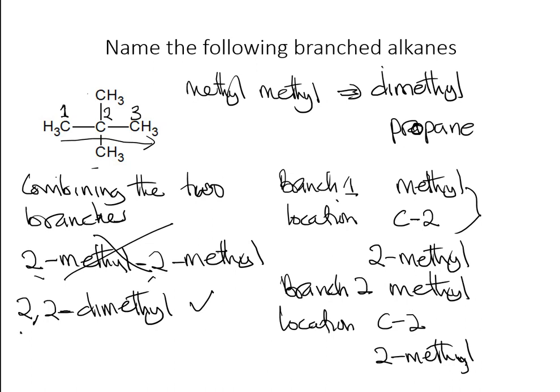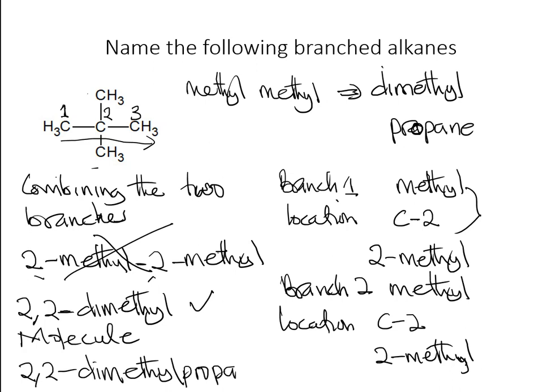Now the whole molecule is 2,2-dimethyl propane. So that's the name of the whole molecule, 2,2-dimethyl propane. It means we have 1 methyl at carbon number 2, and we also have another methyl at carbon number 2.